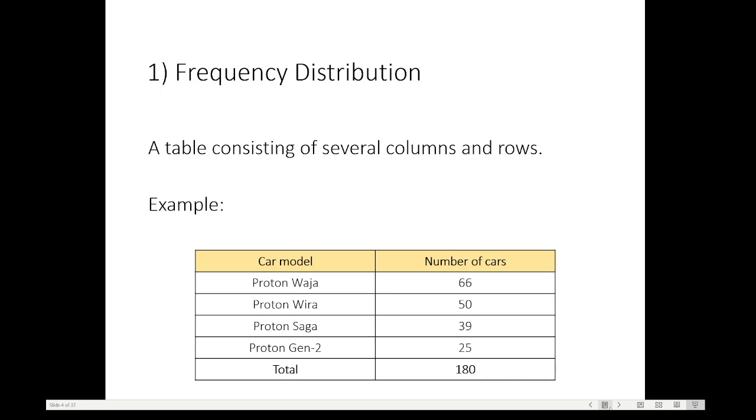The general or basic form of a frequency distribution has only one variable, written in the first column, and the count values in the second column.